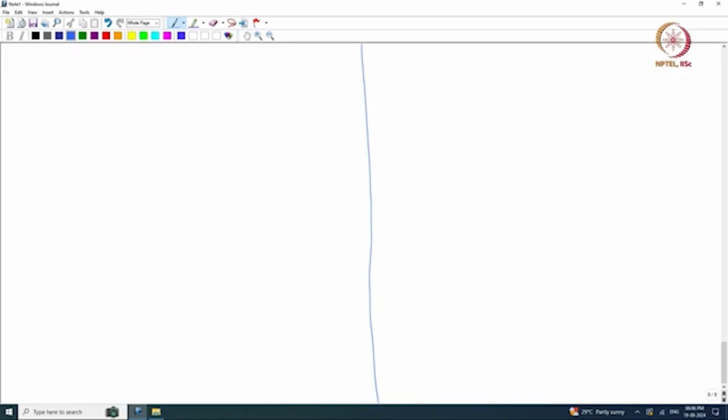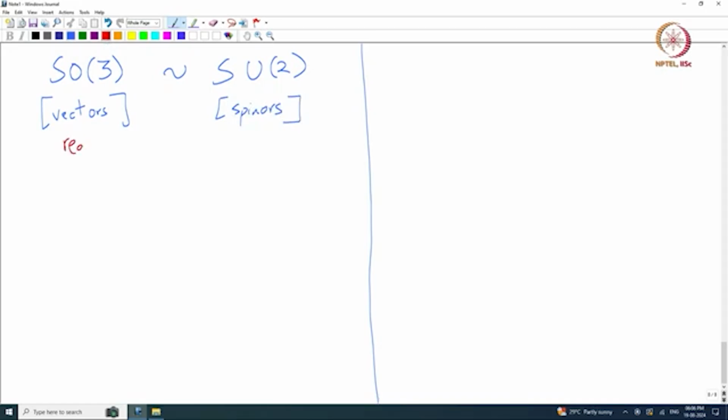So, that hints at some relation between this SO(3), which acts on vectors, and the SU(2), which acts on spinors, correct. Although remember, this is made of real elements and this is made up of complex numbers, correct.